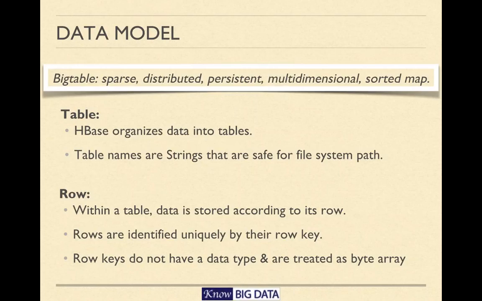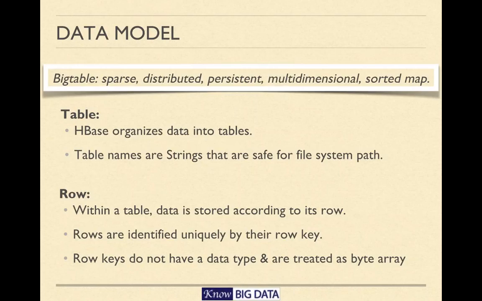Sorted means the keys in this map are ordered, which means if you reach the first key and then access the second key, it will be bigger than the first one, and so on. Now your question would be, if the key can be a string, then how do you order it? It's very simple. The data is basically converted into binary, and binary data can be ordered based on zeros and ones.